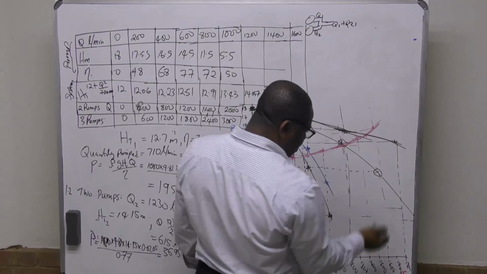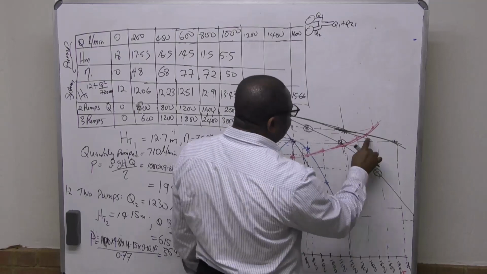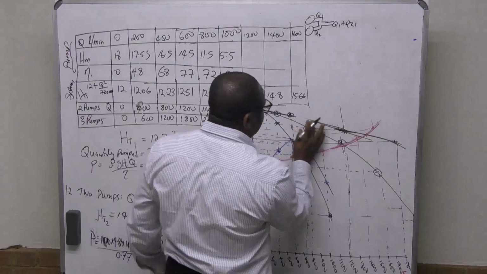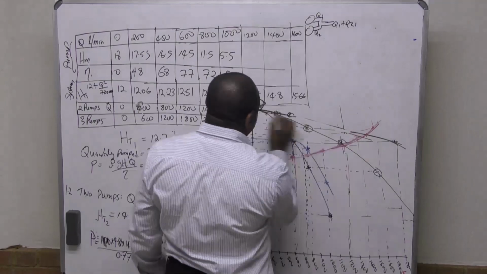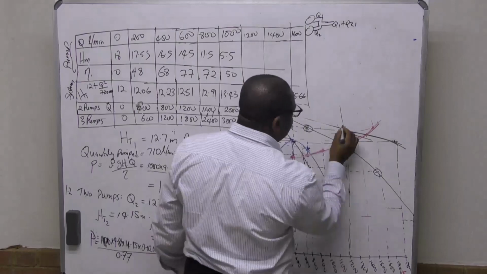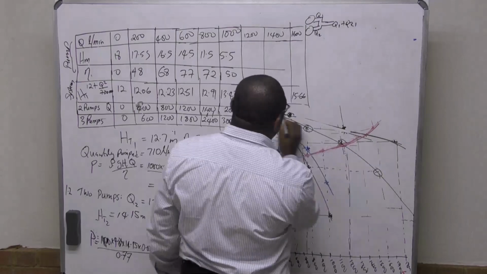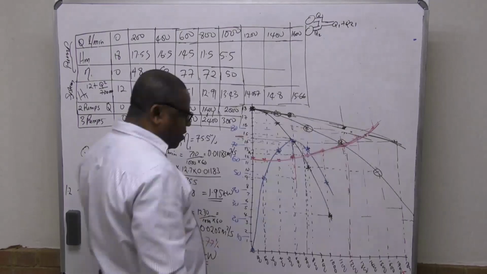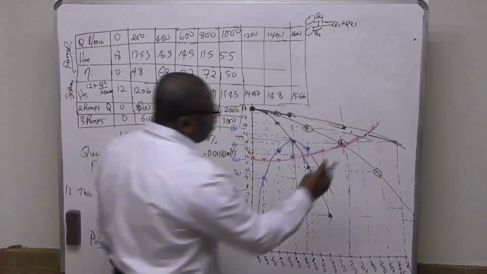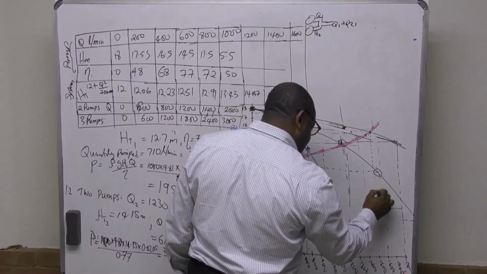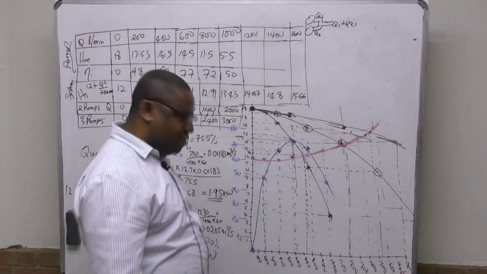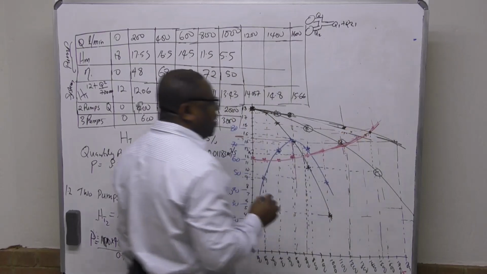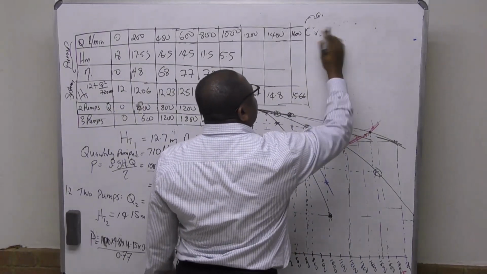Just want to check. My listening is skewed a little bit. It's going to give you about 1,500 and something as operating point. 1,550. So this is for 3 pumps now.